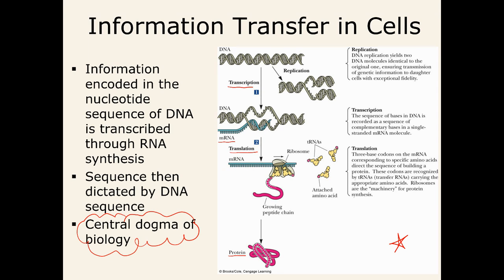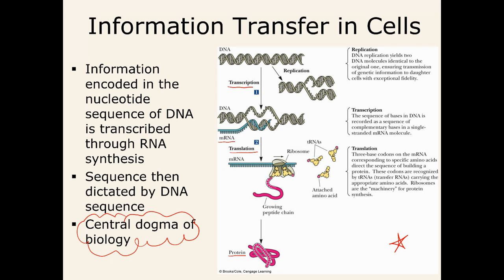That is something we don't have time to go into. So that's one important thing: proteins can be regulated through DNA as far as the amount the cell is going to have of that protein.